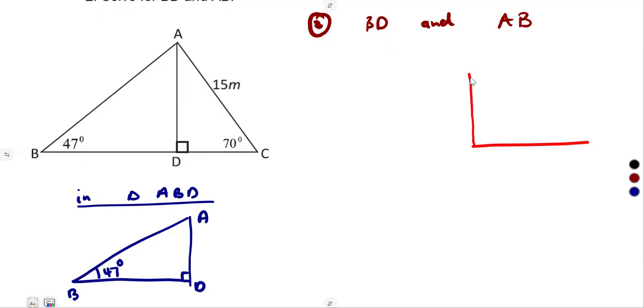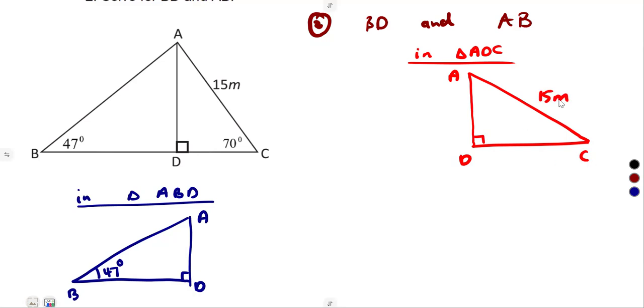So in triangle ADC, there is a side given there, AC. This is A, this is D, this is C. There is a 15-meter given, and also there's an angle at C, which is 70 degrees.